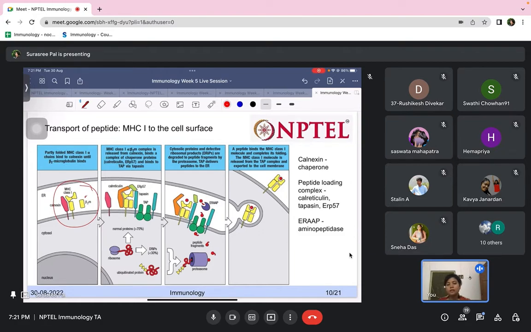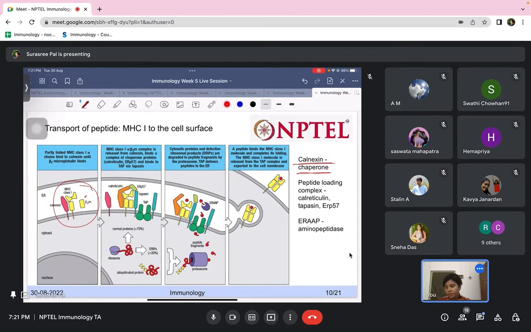Here one protein molecule, a chaperone named calnexin, holds on to this MHC class 1 molecule until the beta 2 microglobulin binds to it. So until beta 2 microglobulin binds, calnexin is present to maintain the MHC class 1 molecule in its partly folded state.